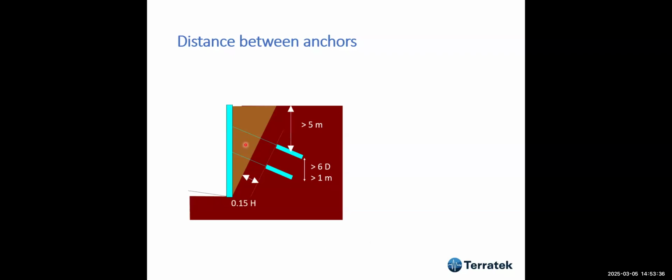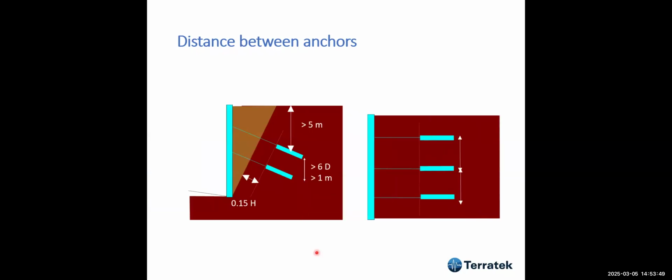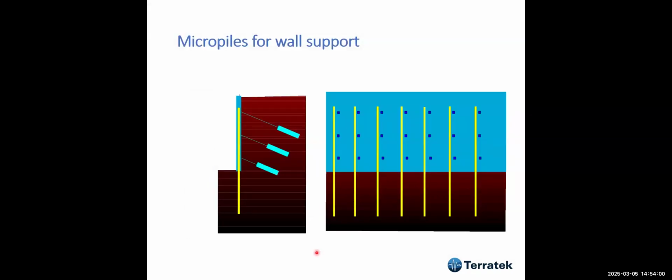Also, this distance usually is 0.15 of H, being the height of the wall. Okay, so these are recommendations, and on plan view, what we do is minimum 1 meter or 8 times the diameter.